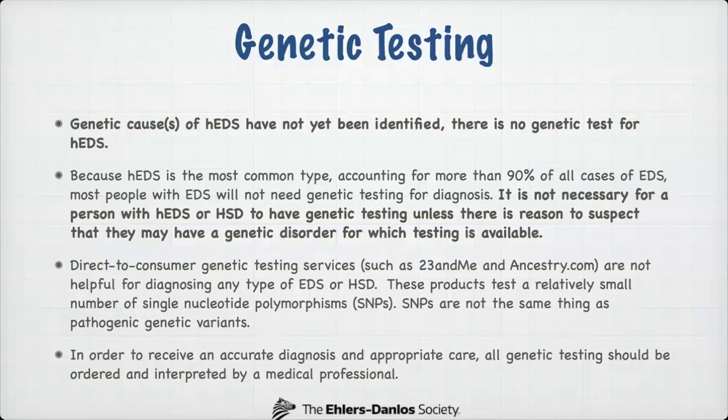Direct-to-consumer testing services such as 23andMe and Ancestry.com are not helpful for diagnosis of any types of EDS and HSD. These products test a relatively small number of single nucleotide polymorphisms. SNPs are not the same thing as pathogenic genetic variants. In order to receive an accurate diagnosis and appropriate care, all genetic testing should be ordered and interpreted by a medical professional and not a direct-to-consumer testing service.